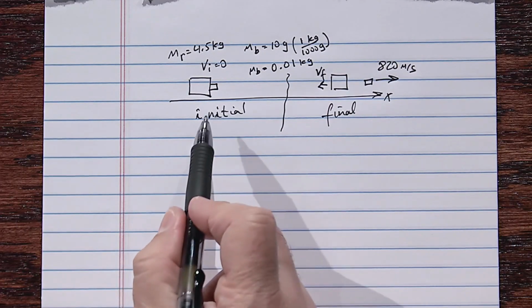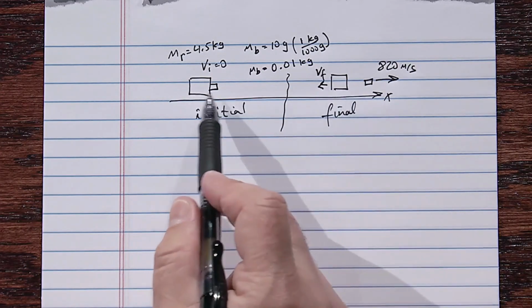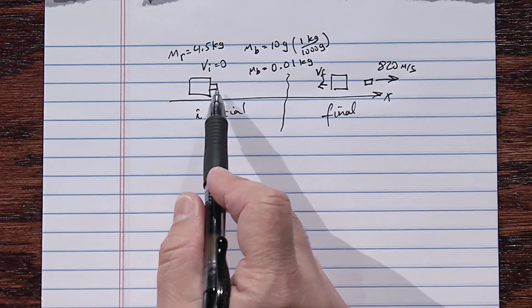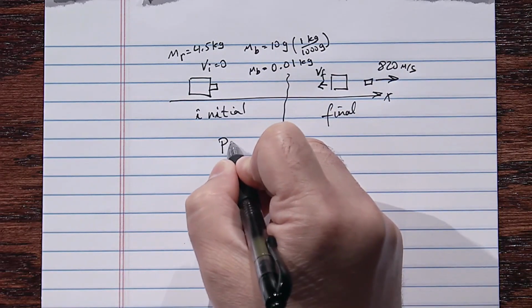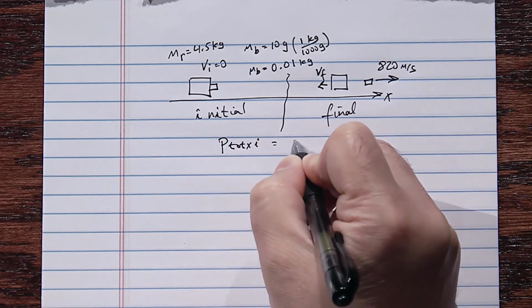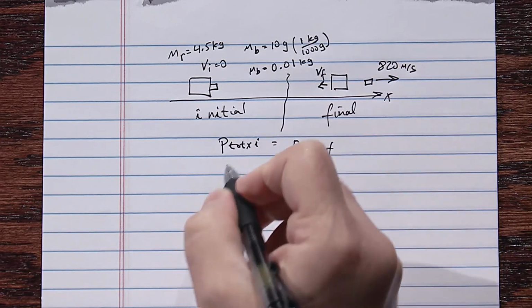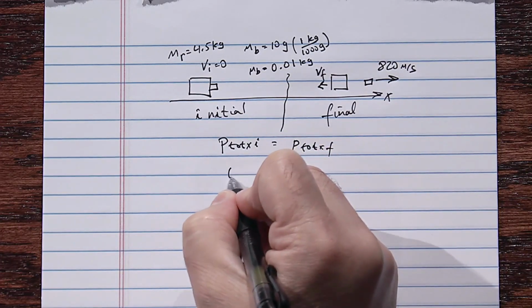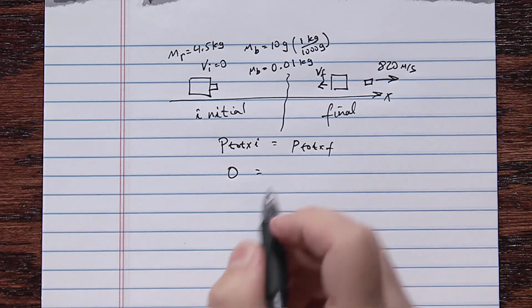Well, this is an explosion. The only objects that we have that are acting on each other are the rifle and the bullet. So we can still use our momentum equation. P total x initial equals P total x final. Initially, we have 0 because nothing's moving.